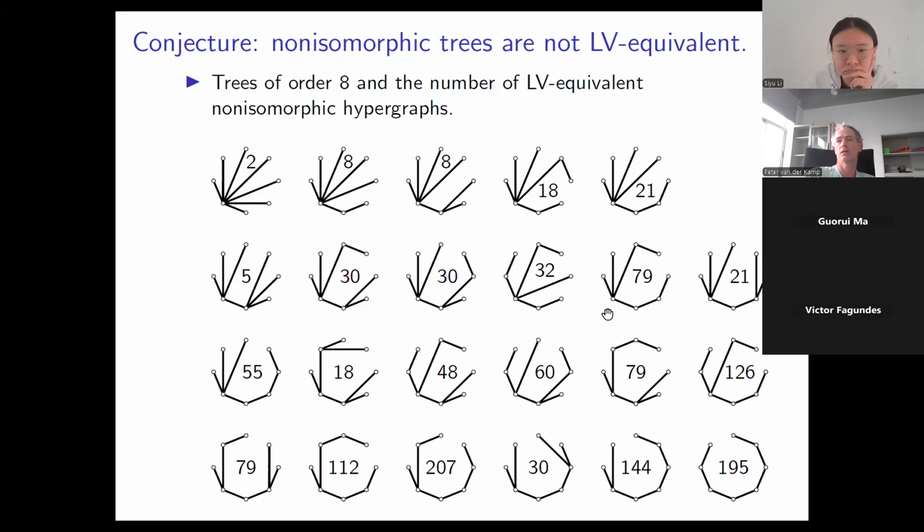There are 126 hypergraph configurations that are LV equivalent to this particular tree. But the important thing is that each tree gives rise to a different equivalence class of hypergraphs. I think I will end here because then we still have 2 minutes for questions.